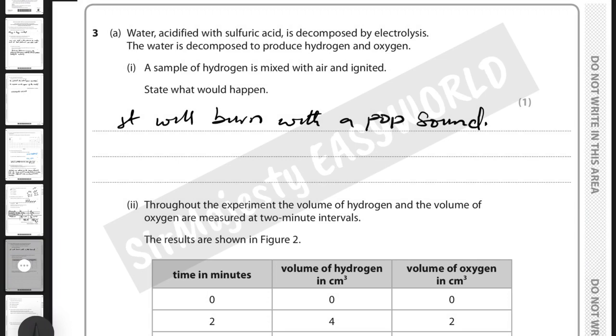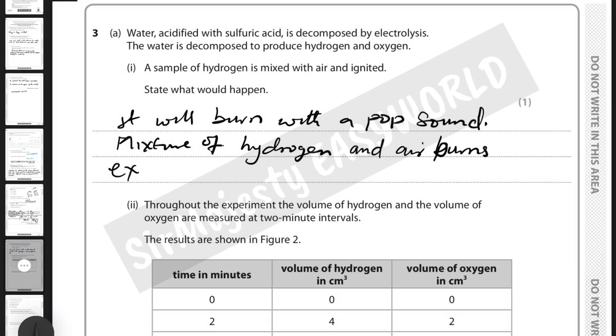They didn't tell you to state the reason actually, but the reason is because the mixture of hydrogen and air burns explosively, because of the oxygen.